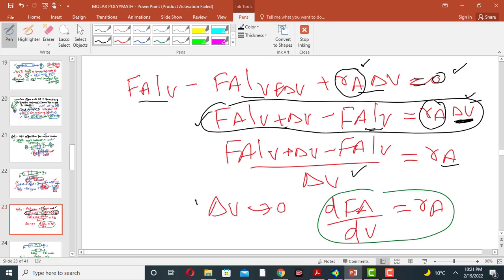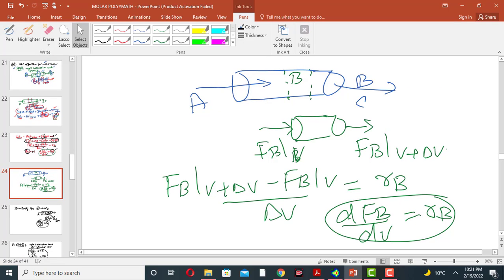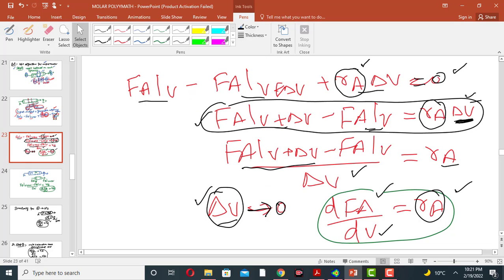Now apply the limit: as the volume approaches 0, this term will be written as dFA divided by dV is equal to RA. This was the mole balance on component A, dFA divided by dV, where V is the volume of the reactor. So the molar flow of component A changes with the volume of the reactor, and this is equal to RA.